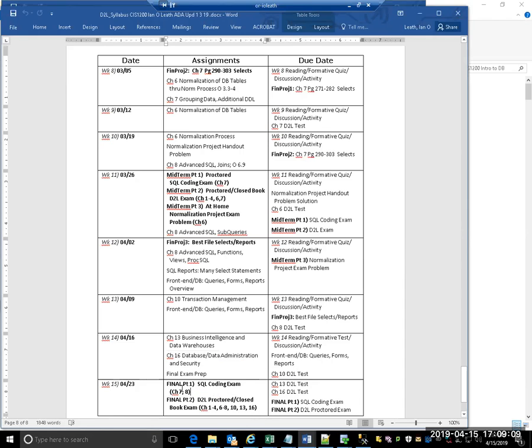The SQL coding exam, notice it doesn't say proctored and closed book. That is going to be SQL that I will be asking you to do later this week, to be due on the Tuesday into the Dropbox. So you can do that at home against your personal Apex account. There won't be the timing issues that we had on the midterm, where some people didn't have enough time, and that's why I extended it.